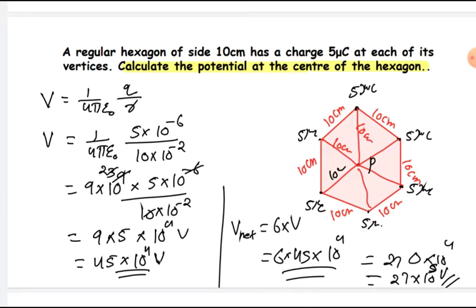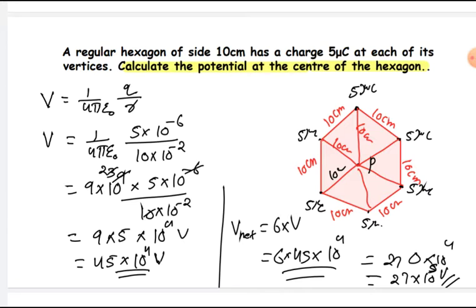Then we have to multiply the current value by 6, because the question is about a hexagon. Calculate the potential at the center of the hexagon. In the question, each side and the charge is given, and to find the potential we have to know the formula, V is equal to 1 by 4 pi epsilon 0 into q by r.